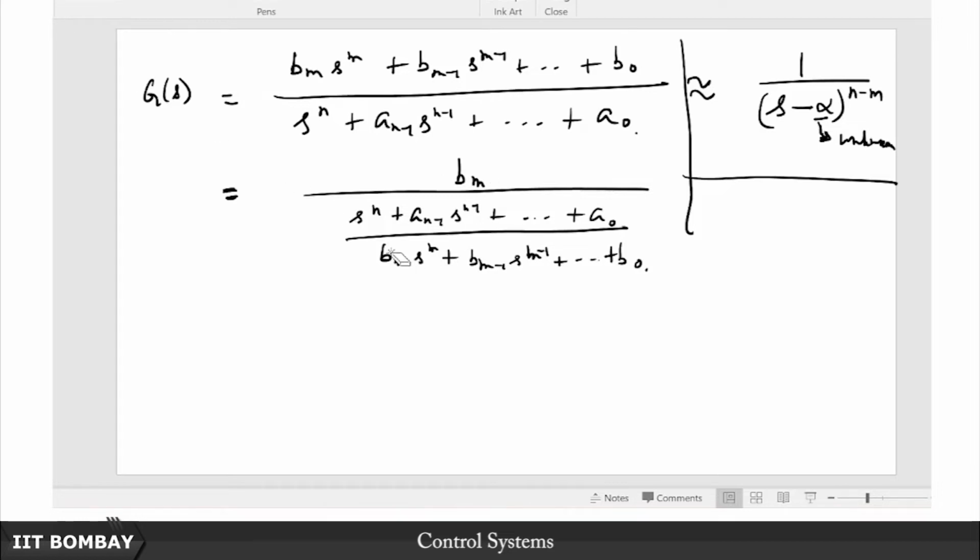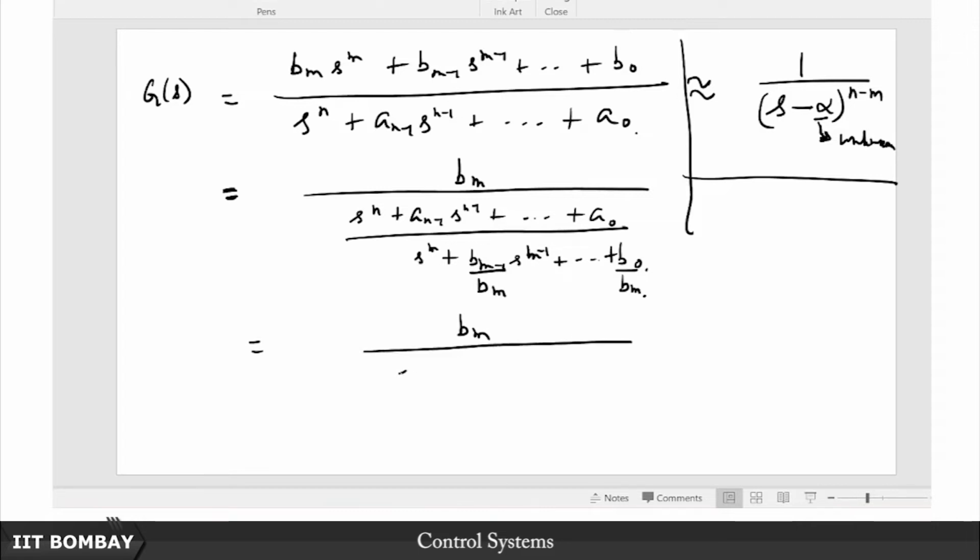So then what you'll have is basically monic polynomials, and this is all bm. So that is nothing but some bm, call it some constant.